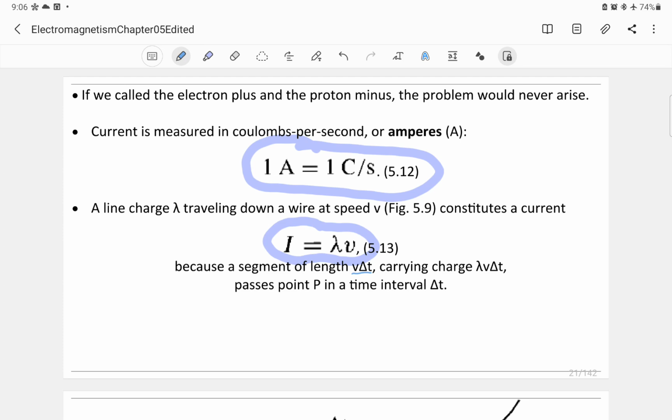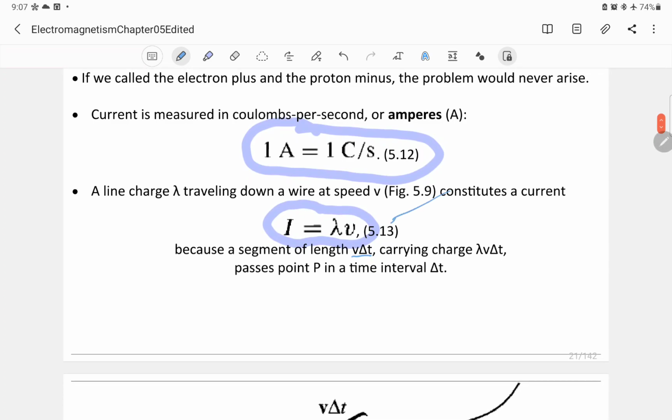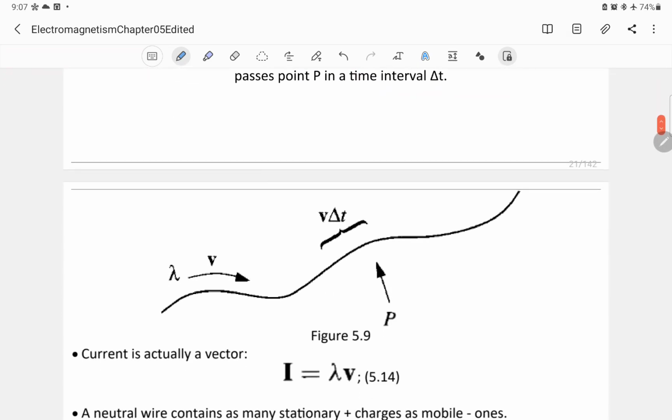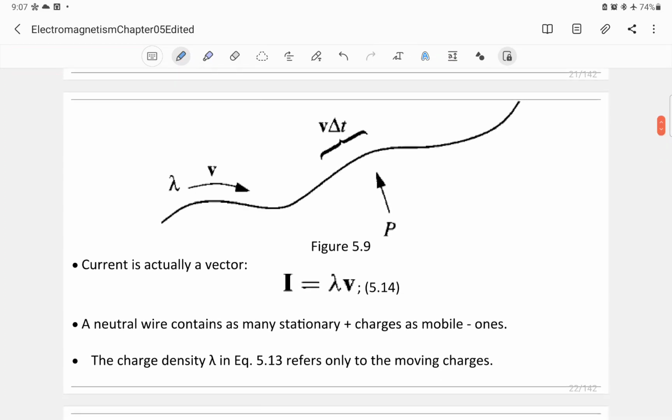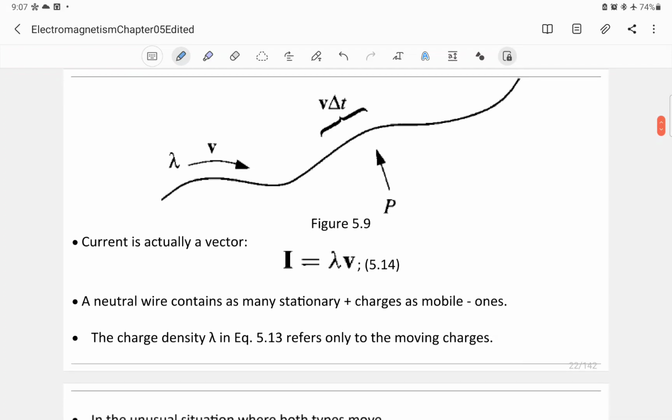So that's why you have a current in this form. In this particular discussion, current is actually a vector, and it points parallel to the velocity of the charges, in the direction of the speed, so you can write current as a vector.